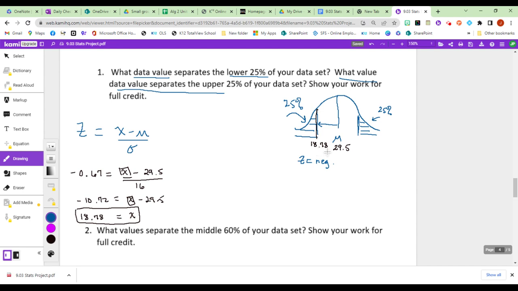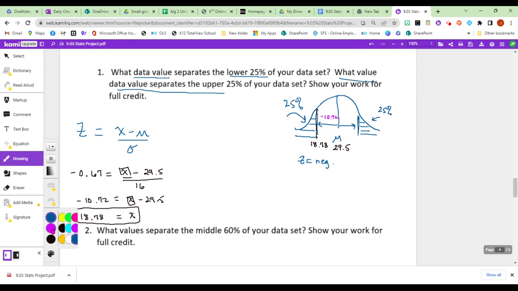So I did 29.5 minus 18.78, and that gave me 10.72. So I subtracted 10.72 to get to this number.